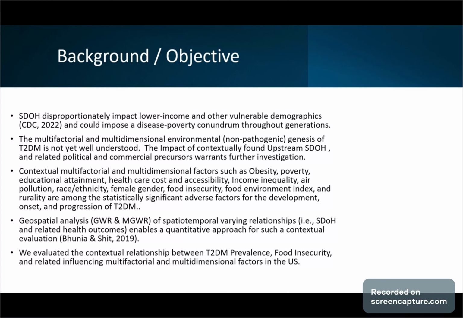Those are upstream factors that impact disease formation and disease conditions. The disease is already forming and developing before you get to the final disease outcome. So let's target those and address those on a geospatial level.